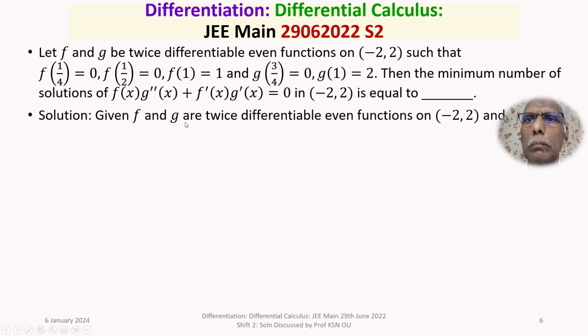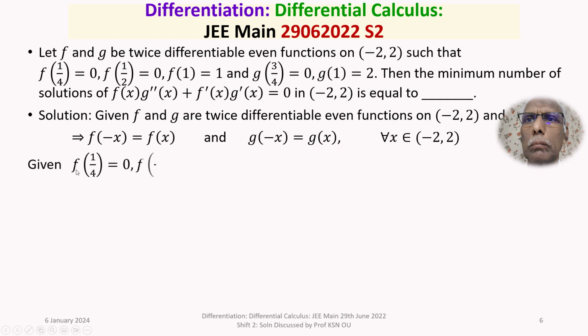Similarly, g prime x and g double prime x exist in the open interval -2 to 2, and f and g are both even functions. Because they are even, f of minus x is equal to f of x, and g of minus x is equal to g of x for all x belonging to -2 to 2. That is the meaning of even functions.